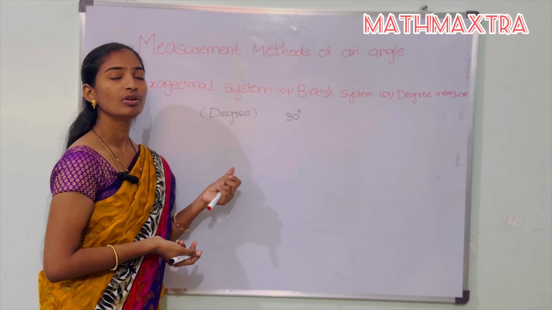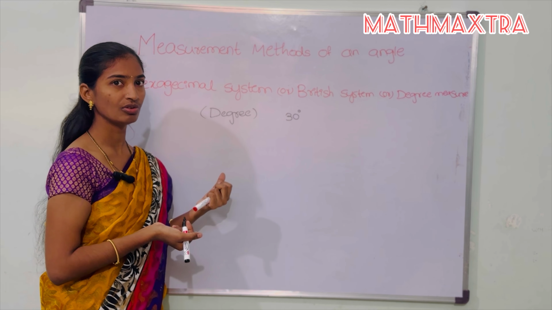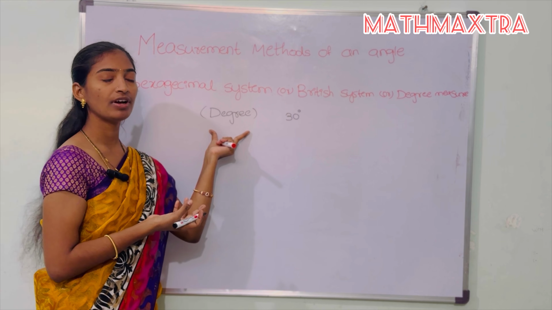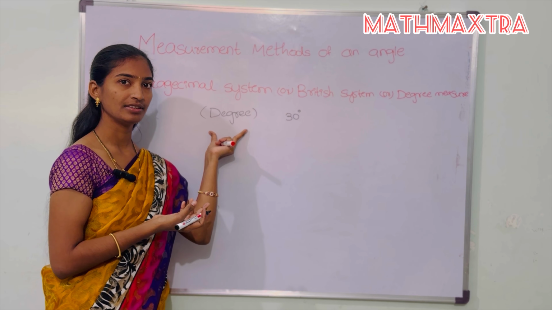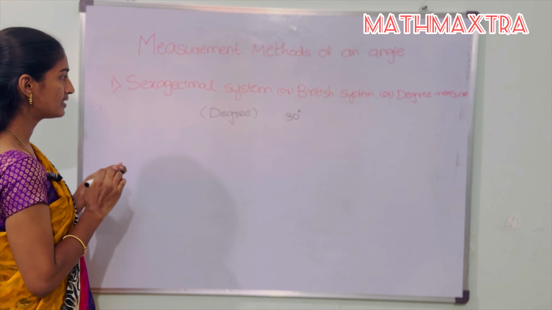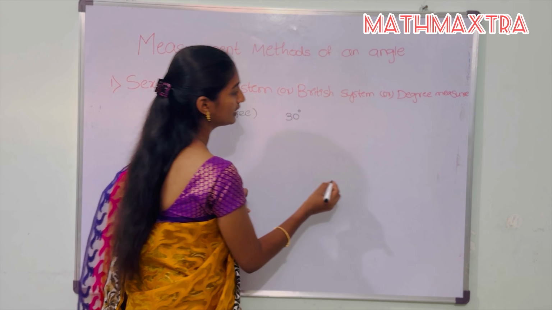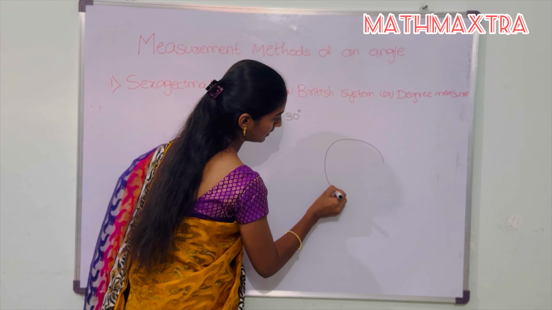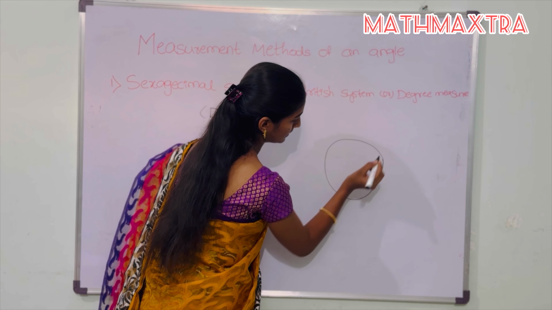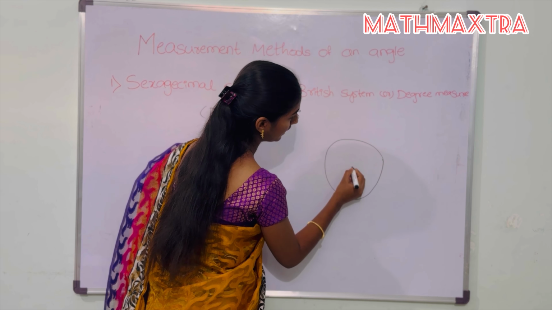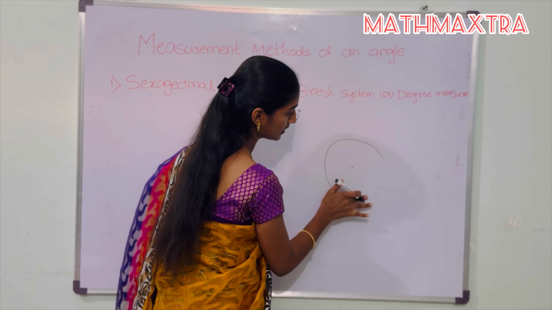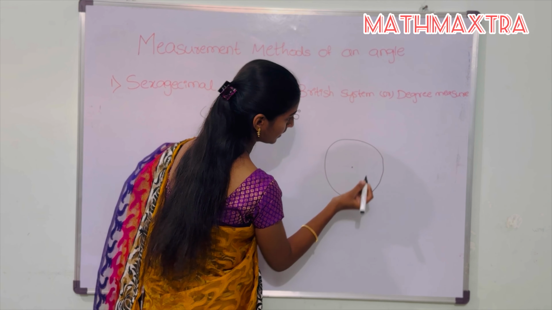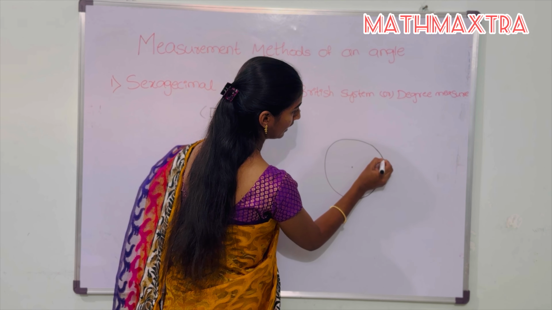So now, what is a degree? We are measuring in degrees, but we have to define what a degree is. See, this is the circle, and take one arc.